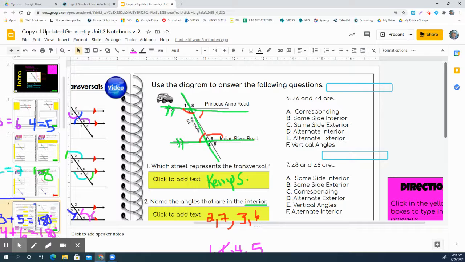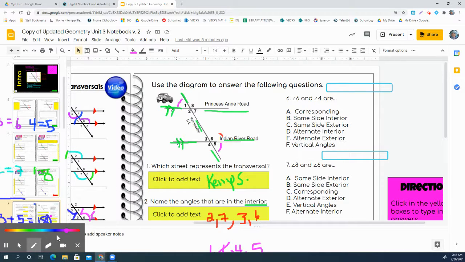So if I look at just angles 1 and 5, and I'm going to erase this a little bit so we can see a little bit better, hopefully. They are alternate exterior. They're outside the parallel lines, right? We're talking about 1 and 5. Outside the parallel lines and on opposite sides of the transversal. What about 4 and 6?